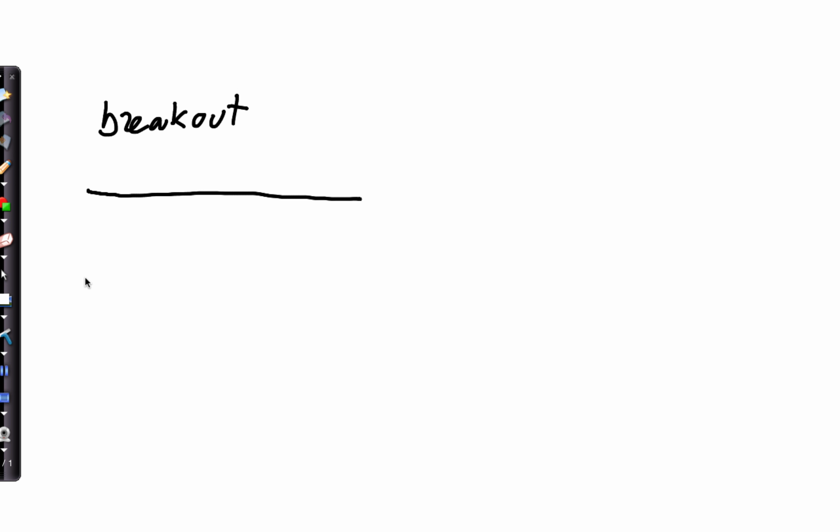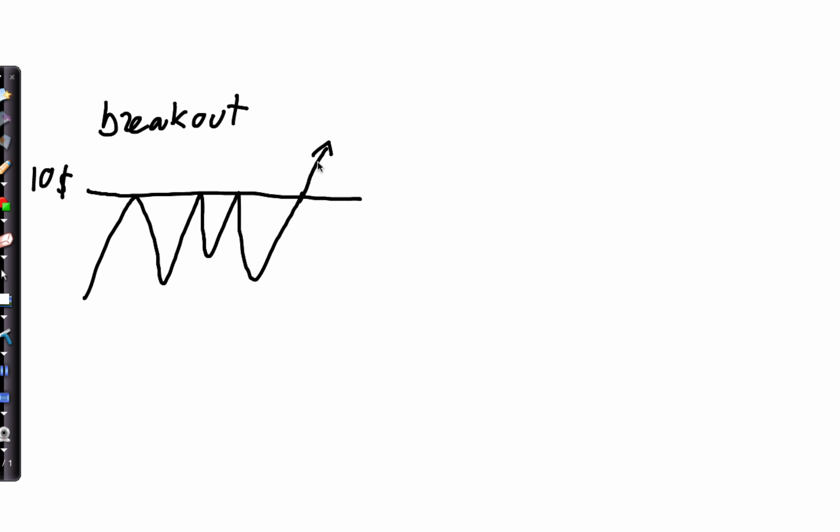What happens is that you see, let's say this is $10, the price keeps hitting some level, okay, and the idea is that when the price is actually breaking out this level that is called resistance, usually there is a very strong momentum, and the price, especially as the volume is increasing, will go up a lot. Or sometimes what happens is that after breaking out, there may be a small retracement, right? And then it will go up.